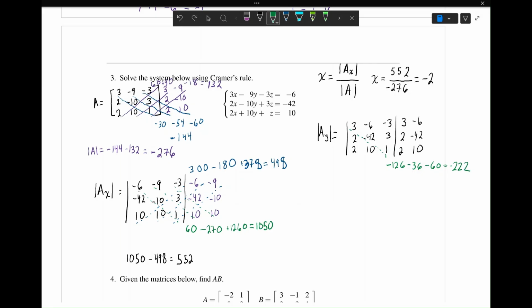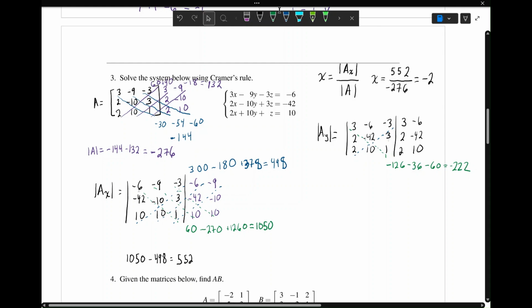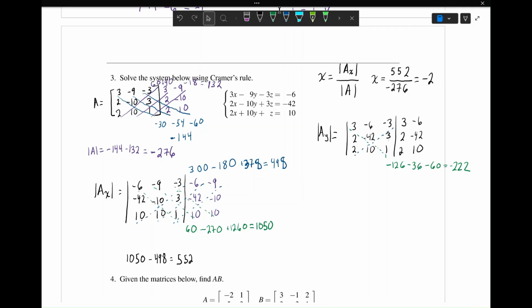I'll do the same thing with the diagonals that go upward. I have 2 times negative 42 times 3. And I'm once again going to plug that into a calculator because I don't feel like doing that multiplication in my head right now. And that ends up being positive 252, since there are two negatives there.